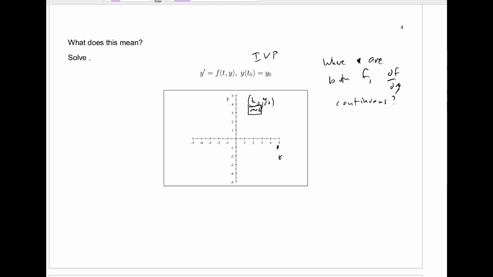Here, that interval could look like here from t naught minus h to t naught plus h. And h could be very small. Now, if we're lucky, the solution might exist over a much larger interval, but our general existence and uniqueness theorem can only guarantee us some small interval on which the solution is guaranteed to exist.